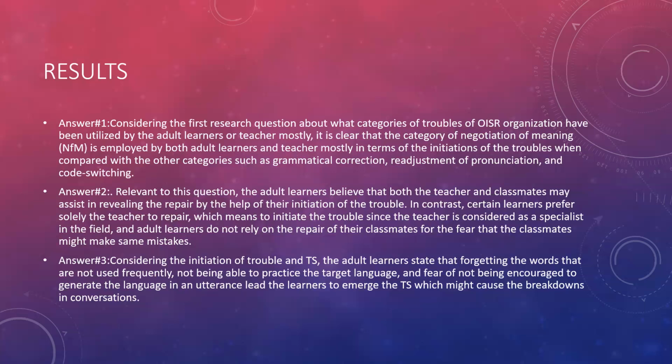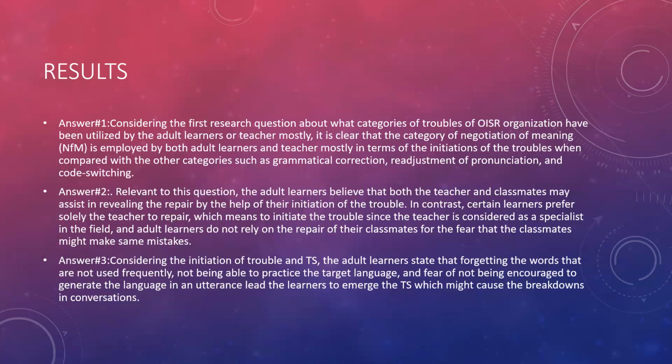In contrast, certain learners prefer simply the teacher to repair, which means to initiate the trouble, since the teacher is considered as a specialist in this field. And adult learners don't depend on the repair of their classmates for the fear that the classmates might make the same mistakes.